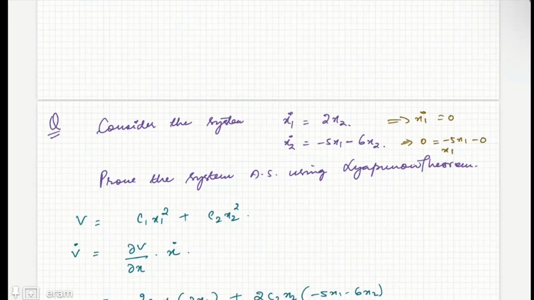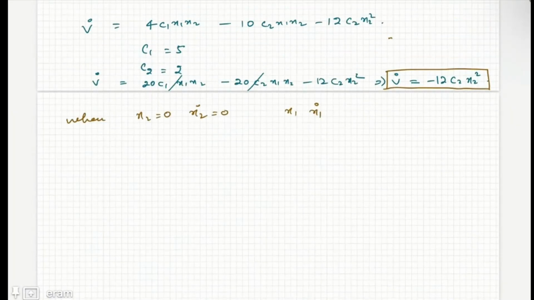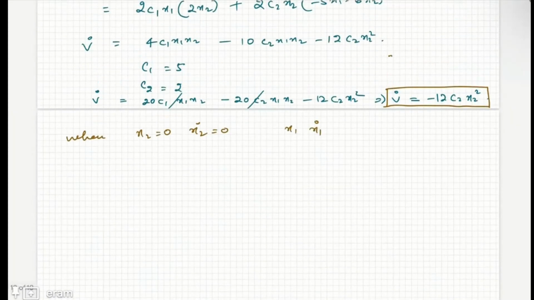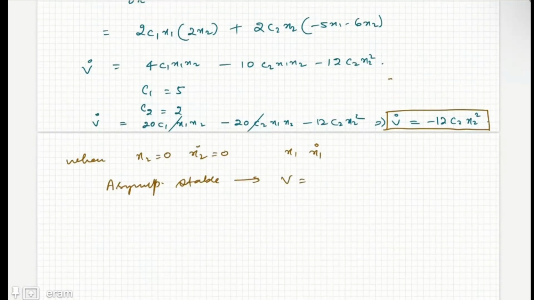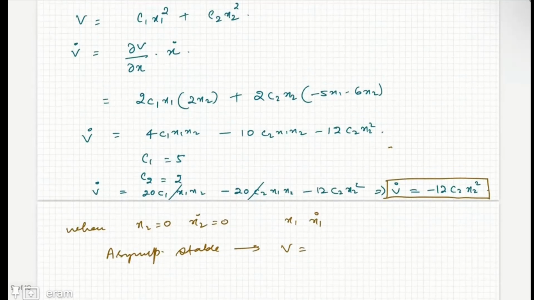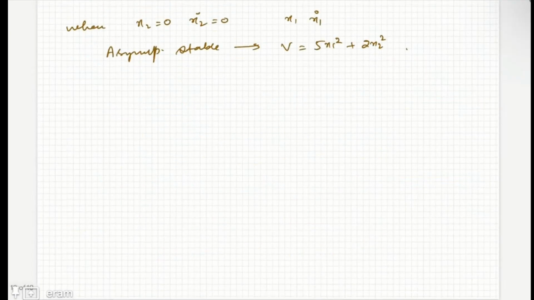So the only solution for x1 dot, x2 and x2 dot to be 0 is x1 and x1 dot as 0. So that means this V dot is negative definite. Therefore we conclude that the system is asymptotically stable, and the Lyapunov function that we have used is V equals 5x1 square plus 2x2 square. Okay.